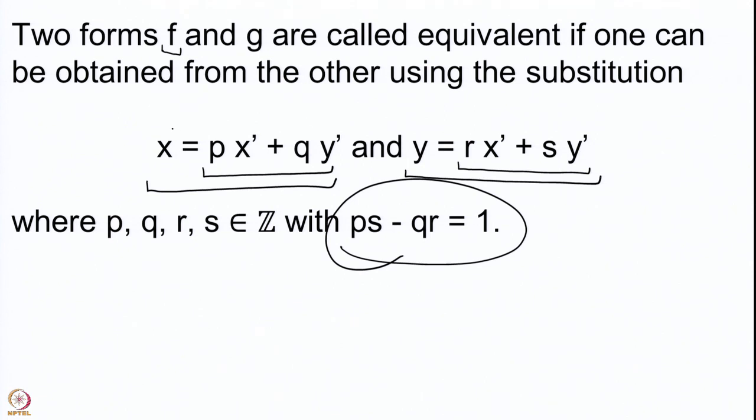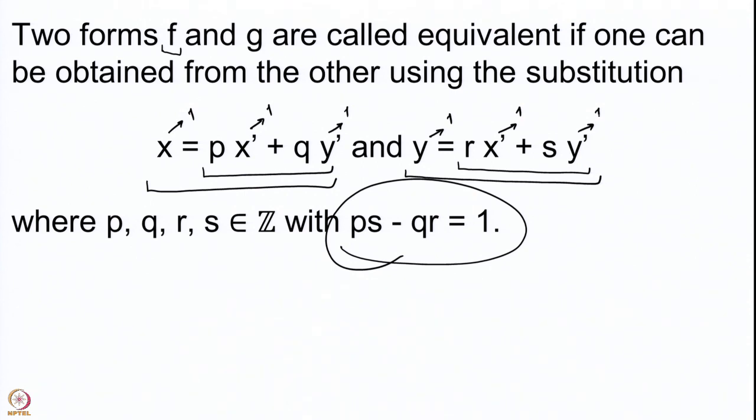Here we had degree of x to be 1, degree of x prime to be 1 and degree of y prime to be 1. So, we are considering x prime and y prime to be new variables and we are writing x and y in terms of these new variables and the substitution is homogeneous of degree 1. Therefore, the ultimate expression that f will change to will continue to be homogeneous, it will continue to be of degree 2 because there is no change of degree.